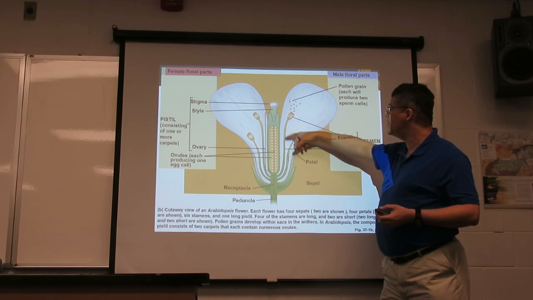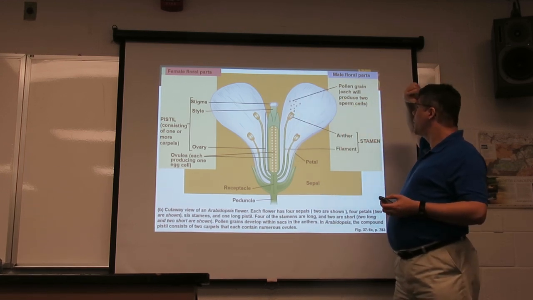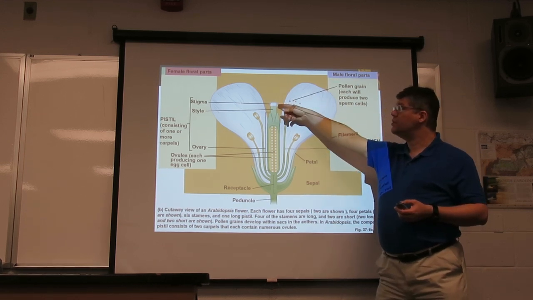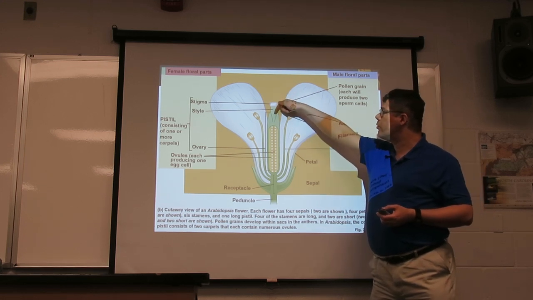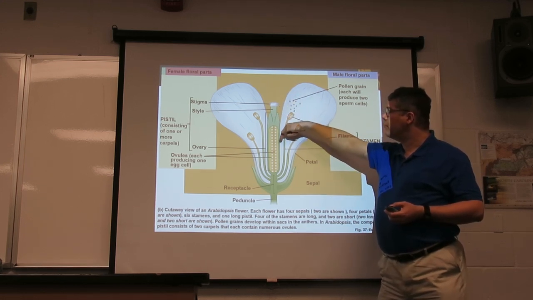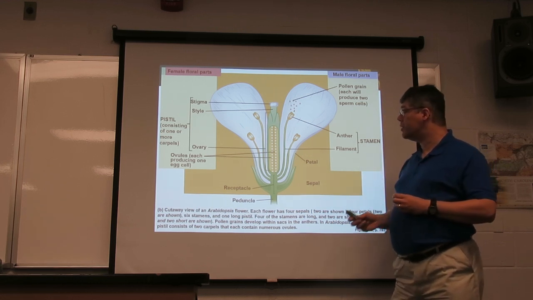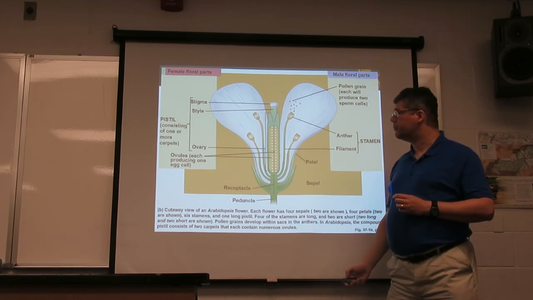Here are the stamens, the male structures producing pollen. And then the pollen, if it lands on a stigma of a compatible flower, then the pollen tube will grow down the style and reach one of the ovaries and get to an ovule in it.